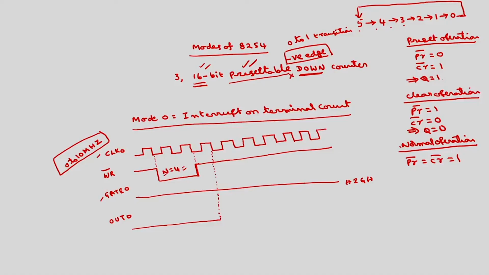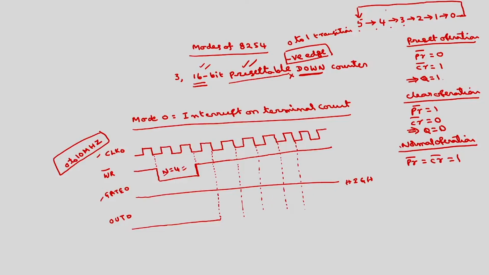As I have told, this counter is a down counter. So this n equal to 4 becomes 3 over this clock signal, then 2, 1, and then 0.